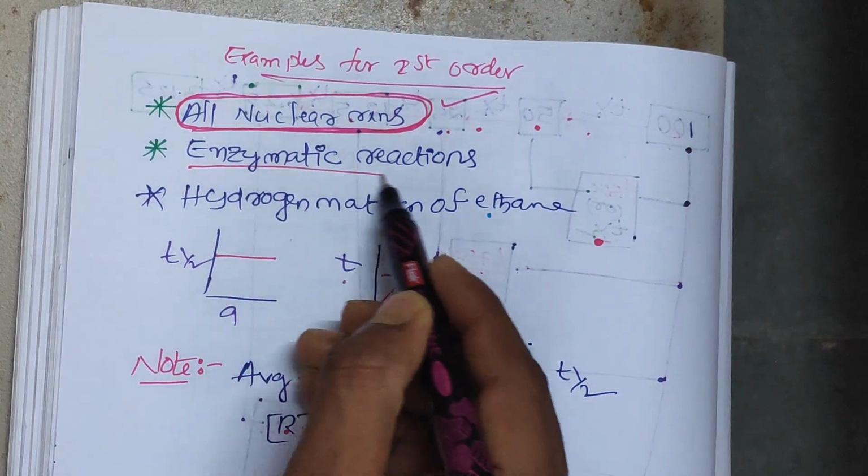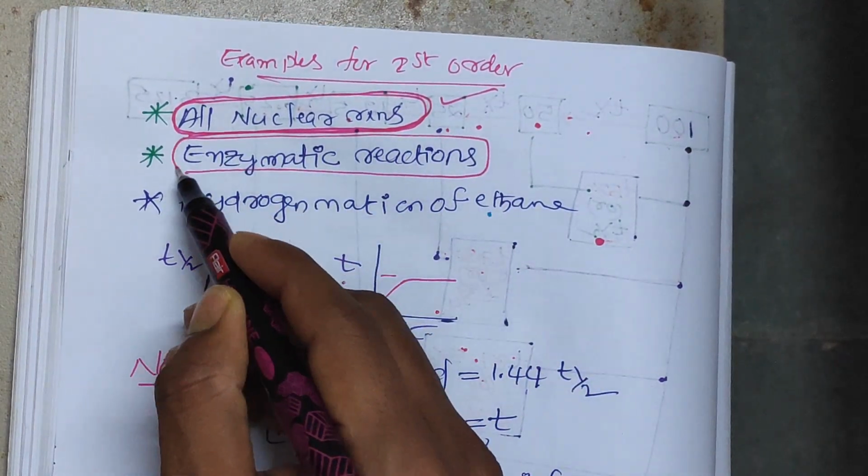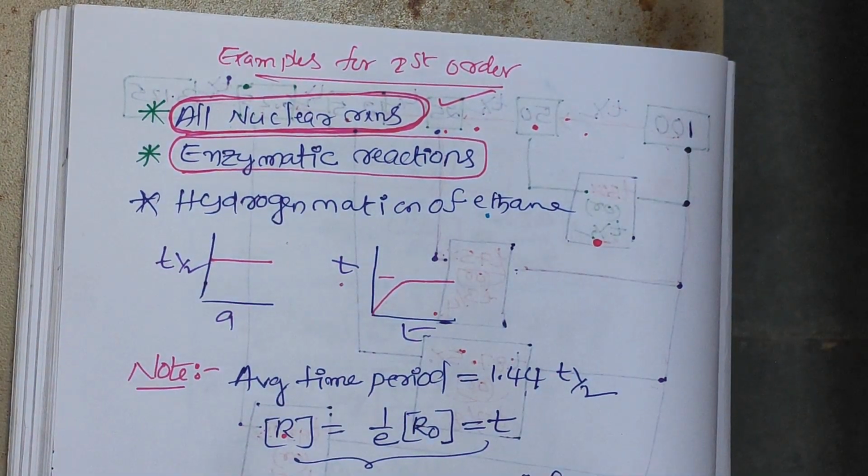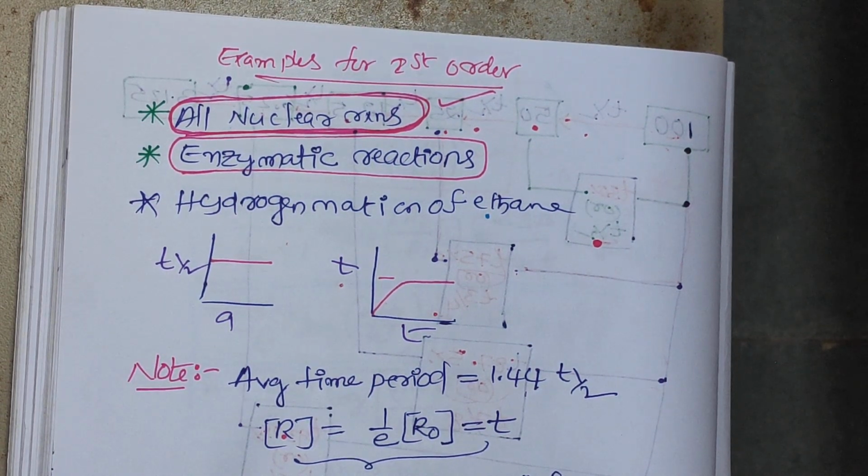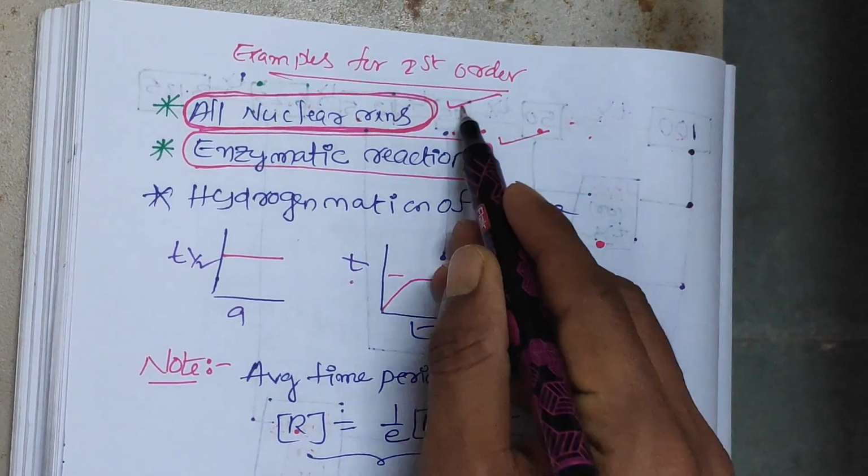Enzymatic reactions are there. Enzymatic reaction means, suppose maltose is converted into glucose, or sucrose is converted into glucose plus fructose, all reactions in the presence of an enzyme come under first order reaction.